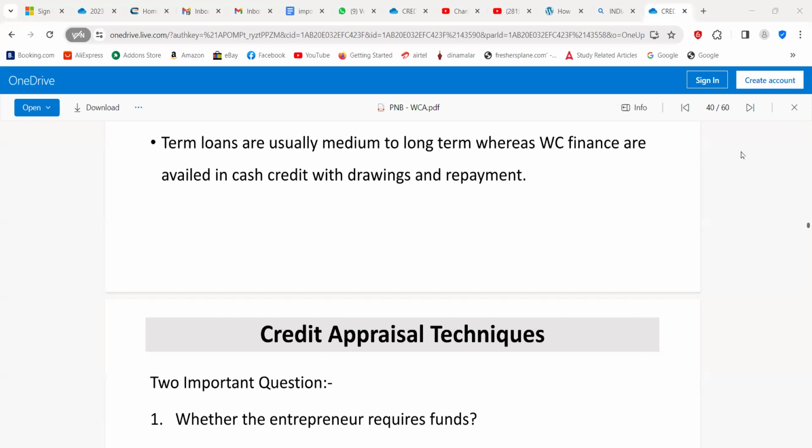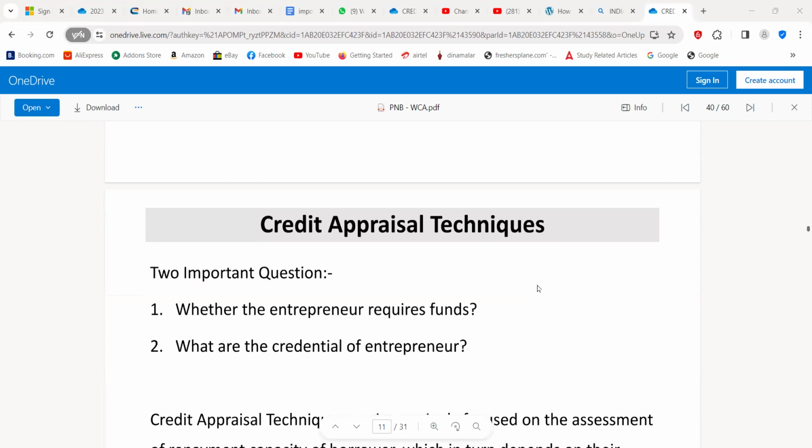And it has to be registered within 30 days from the date of creation of charge. If perchance it is missed, then we have to get the approval of the High Court and then go and make the charge creation. Very good. That much is sufficient. Now we will go for credit appraisal techniques.